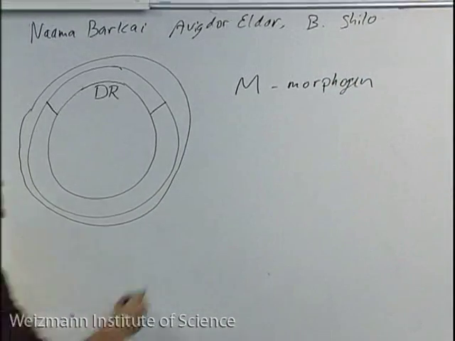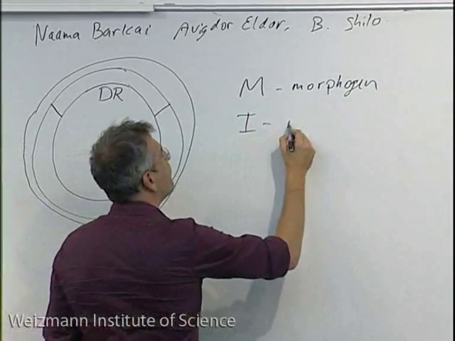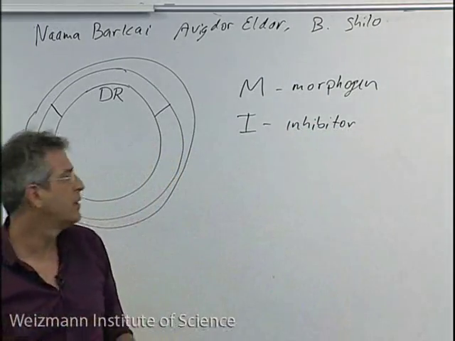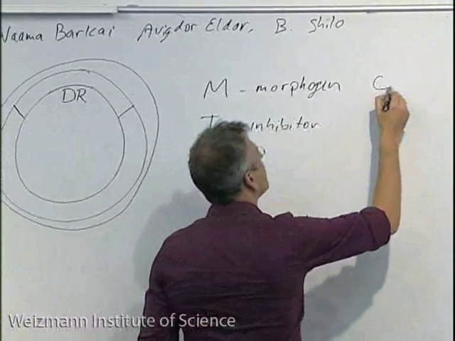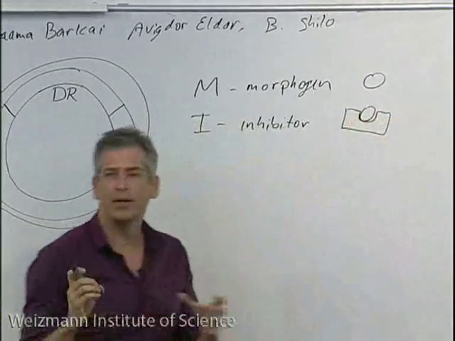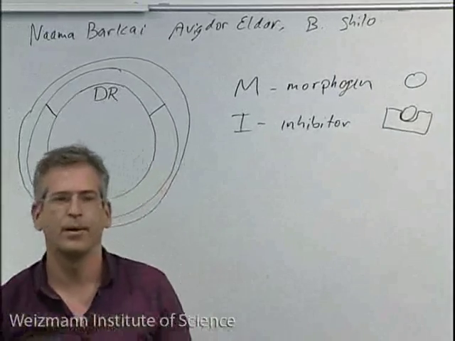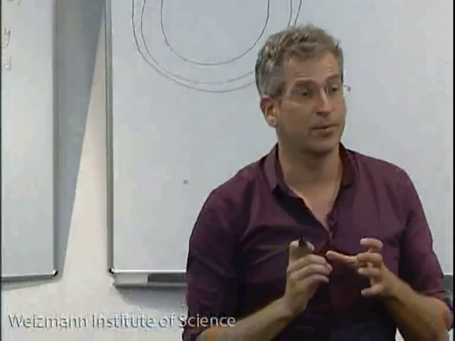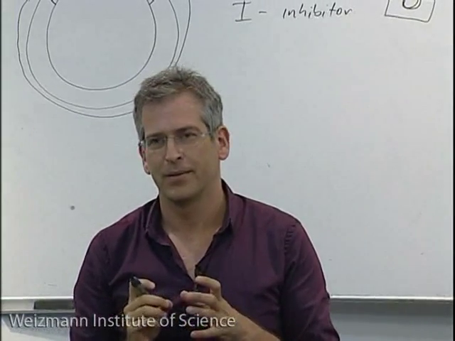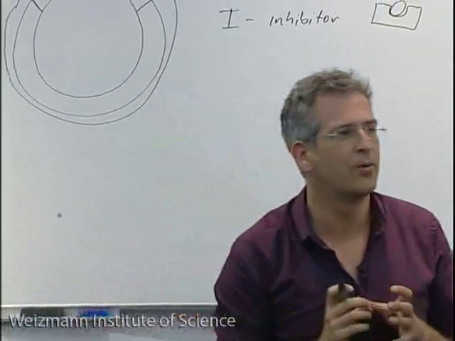There is an inhibitor, I, which can bind M, and when it binds M, M can't talk to the receptors. And it's a pretty tight binding. So when it binds, it doesn't let go.